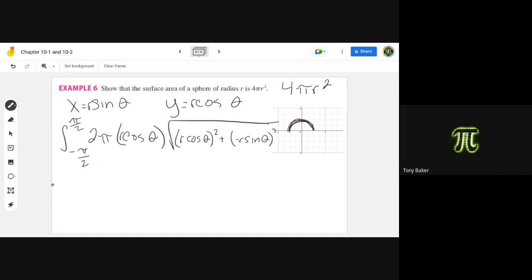So over here, I can pull out the 2 pi r, and I have cosine theta left out front. In here, I have r squared cosine squared theta plus r squared sine squared theta.